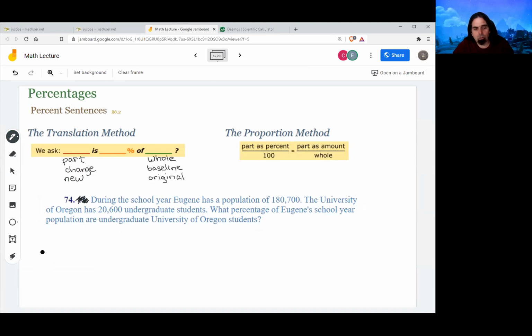So if you are doing it the translation method, you'll have something is something percent of something else. We have two numbers, and then we'll always have something that's the what. We're not sure what it is. So which of the things go in which of these three spots for this particular problem?